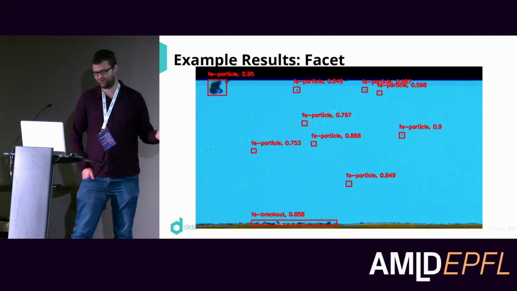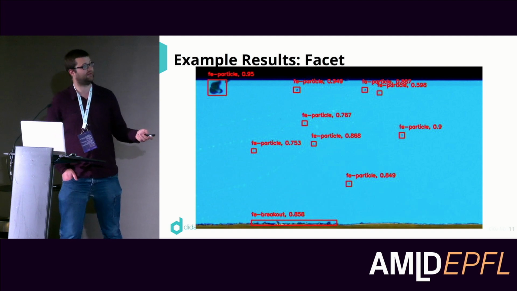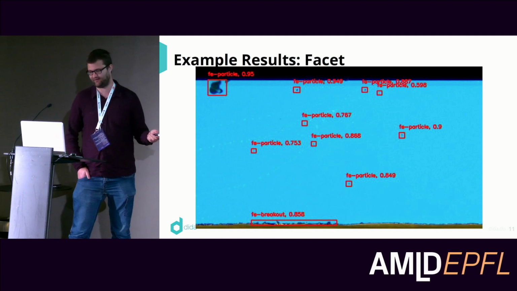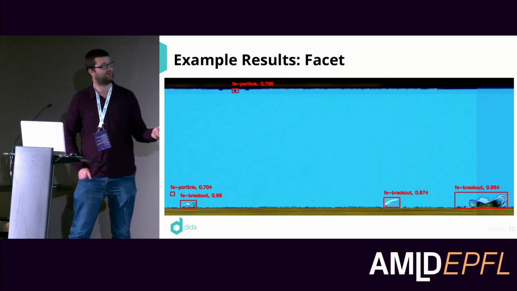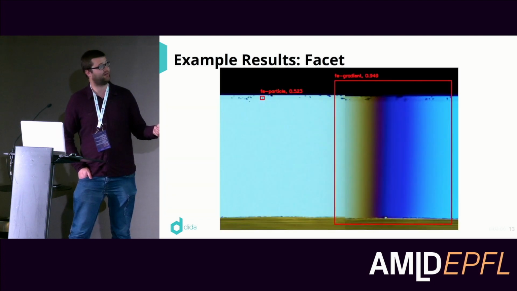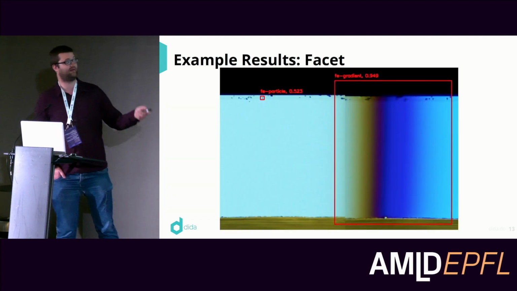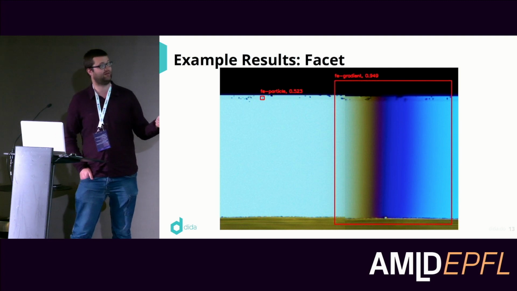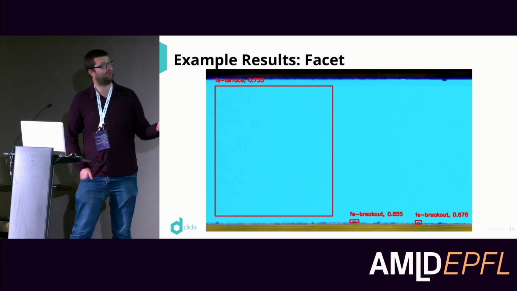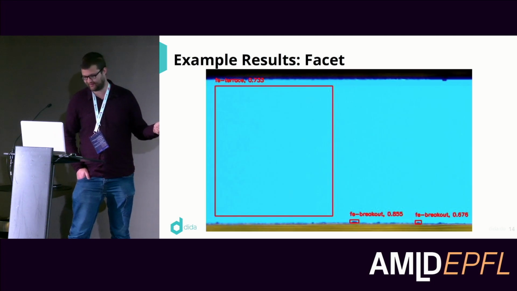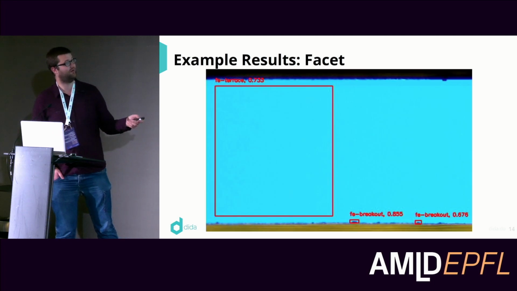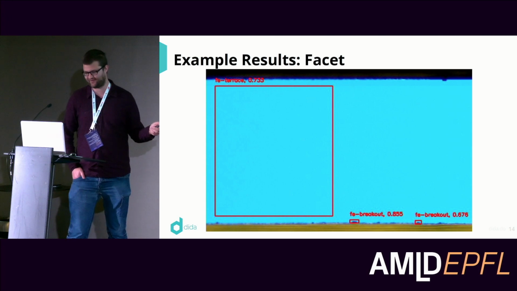We have a few more. This is a slightly better one, showing that we don't really miss much when it's not so dense. This one is just another nice one. This one shows that we can detect very big defects that have to be sewn across multiple boxes. And this one is particularly interesting because I actually thought this was a false positive when I first looked at it.